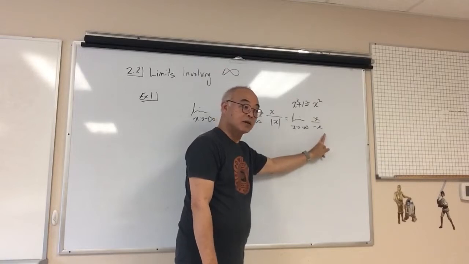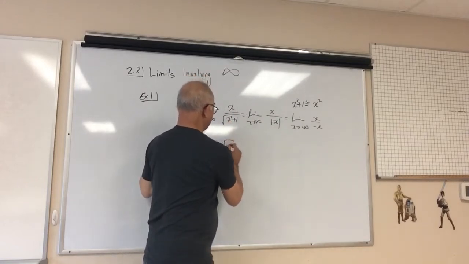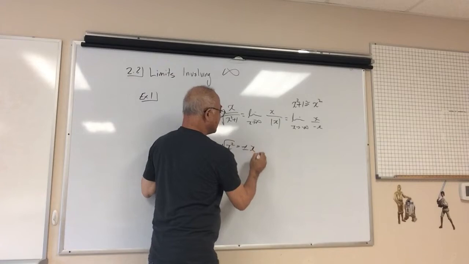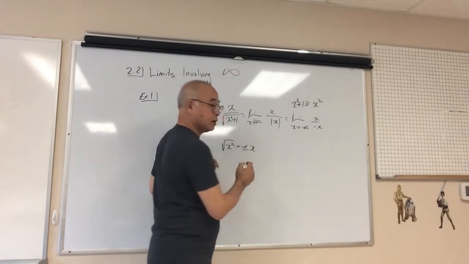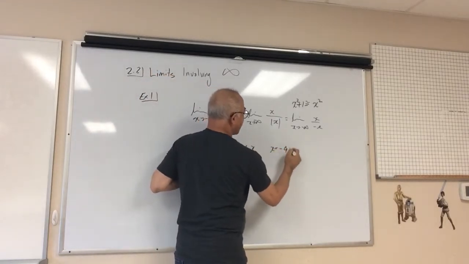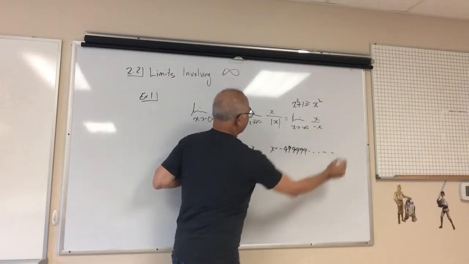Why is it in an absolute value then? Because this guy is really the same as this guy. So let's say that x is equal to negative 9999999, whatever.